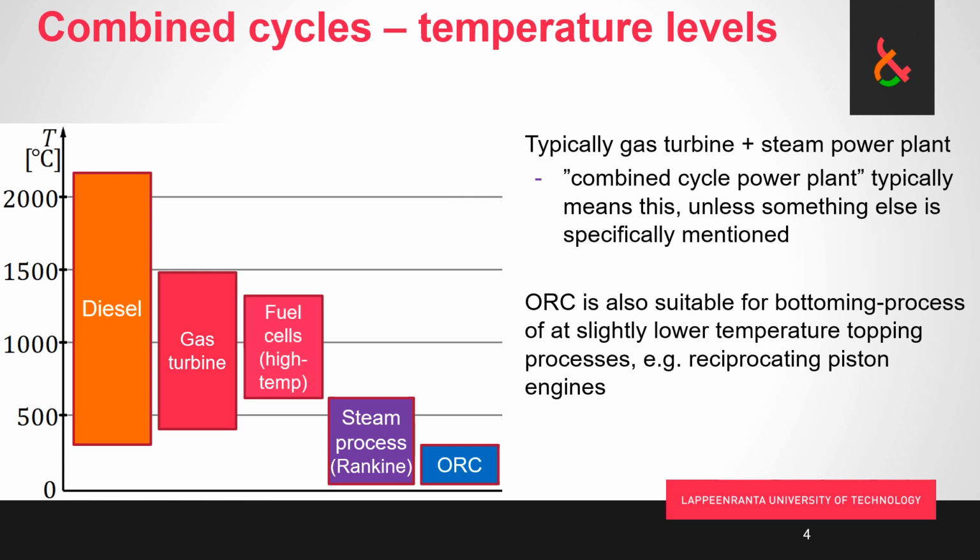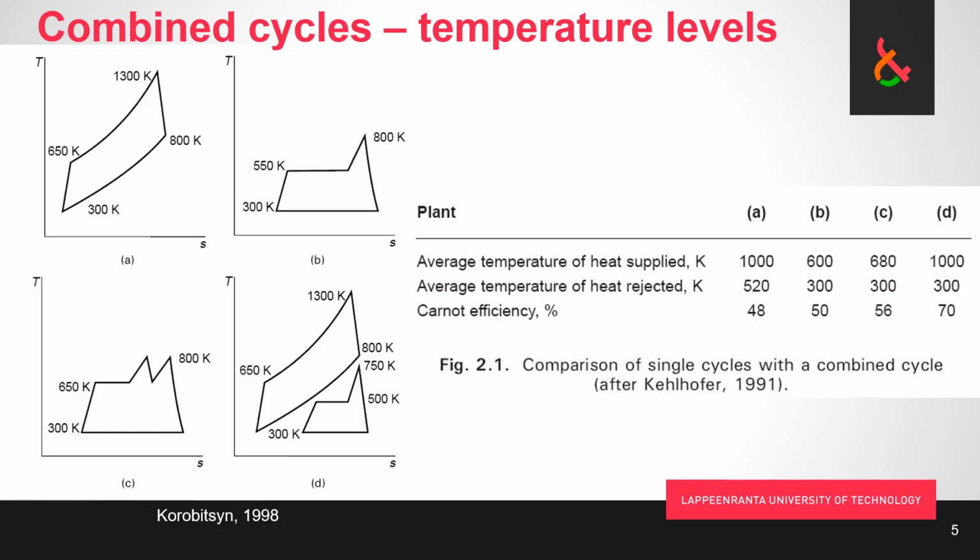These kinds of concepts have been proposed and are in some amount of use, not very common, not very large, but they are being used operationally to produce some additional power from, for example, reciprocating engine exhaust or other moderate temperature heat sources.